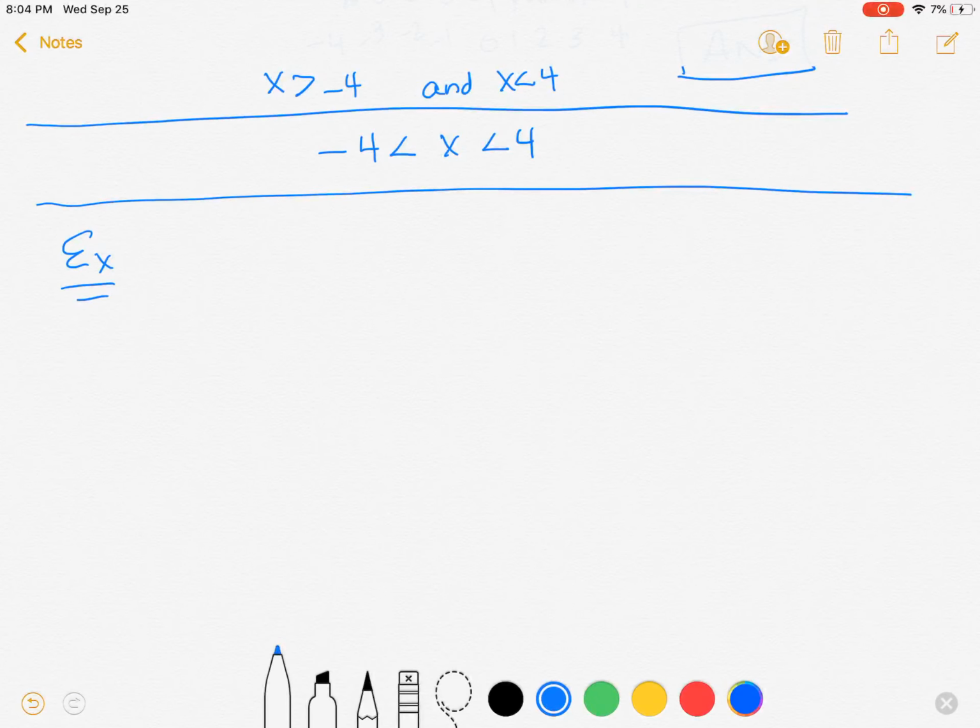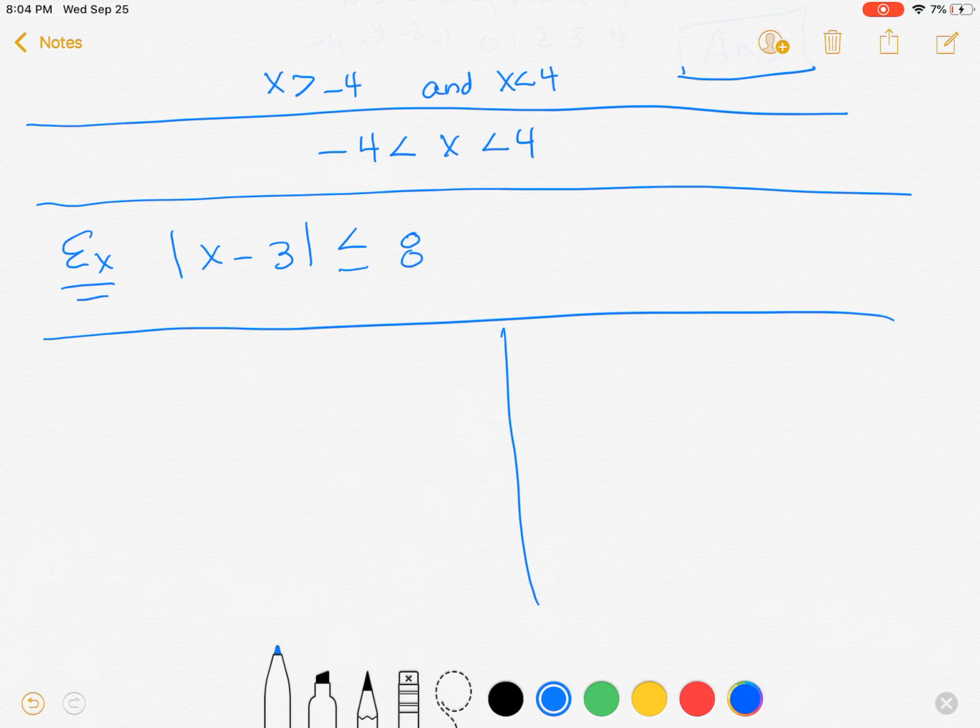Let's say that I have the absolute value of x minus 3 less than or equal to 8. All right, so here's where I'm just going to divide this into 2 pieces. If I'm doing the compound inequality with the word and, I'm going to set up x minus 3 less than or equal to 8 with the word and in the middle.